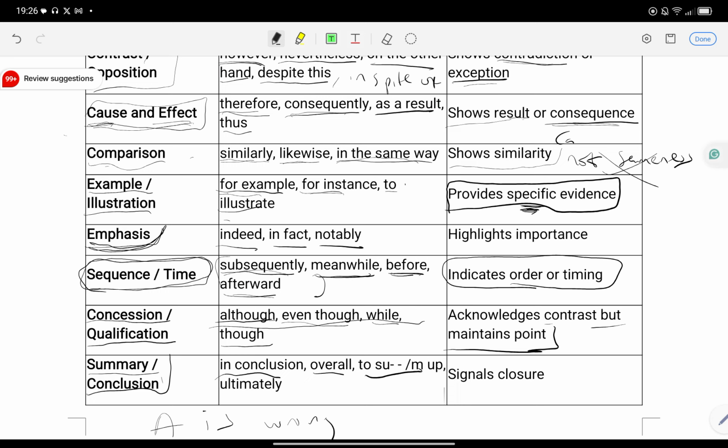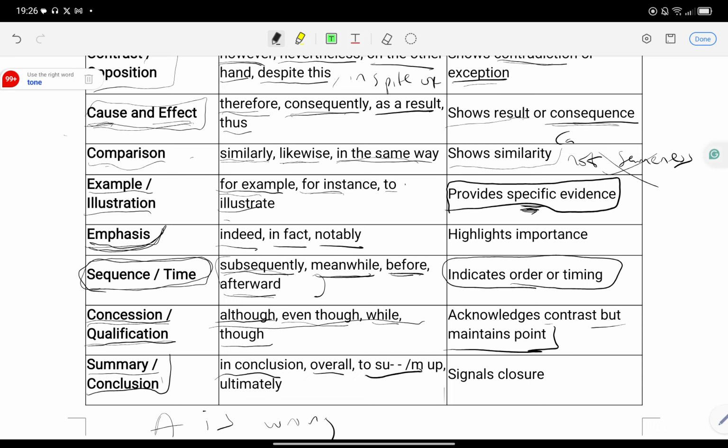We have concession and qualification. Concession just shows when you're saying while something is the case, another is also the case. Like you're conceding. For instance, although I was announced to be the team lead, I would appreciate if everybody contributes equally. So you're conceding.